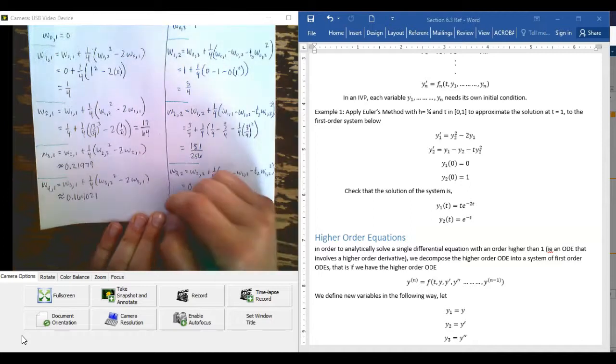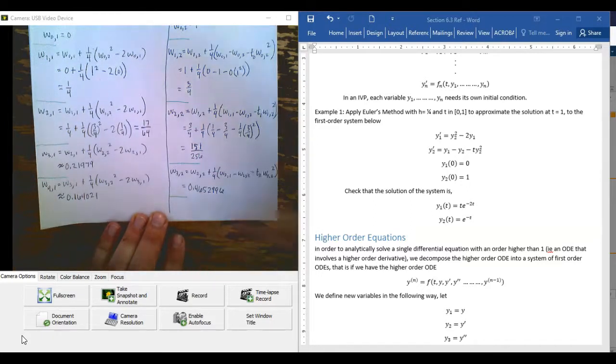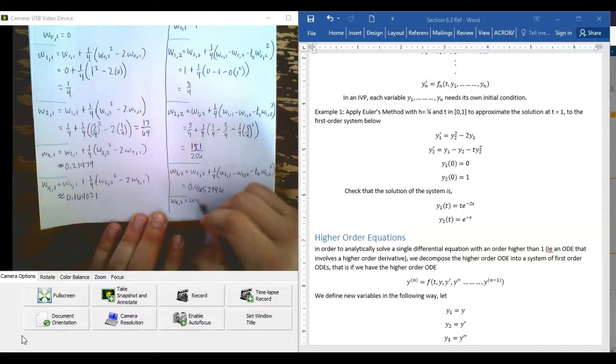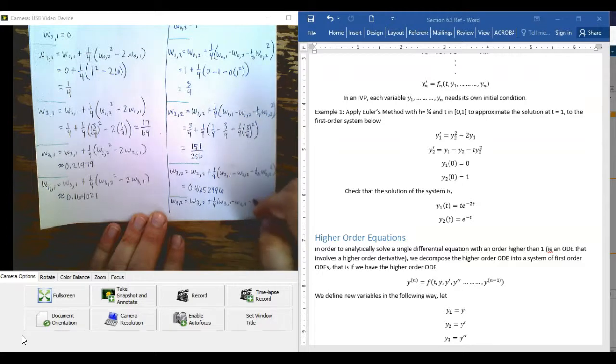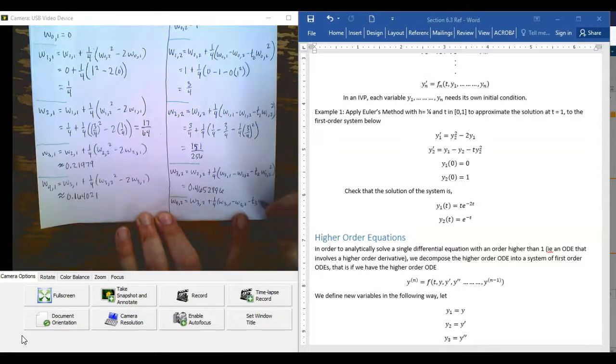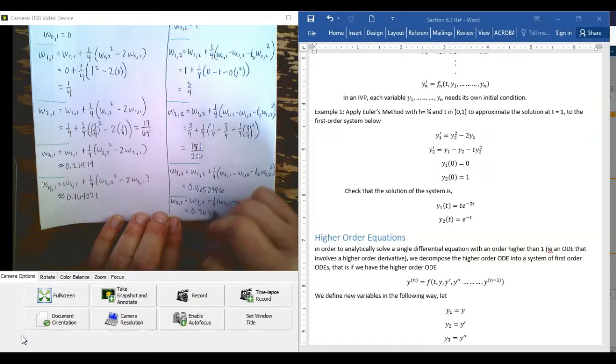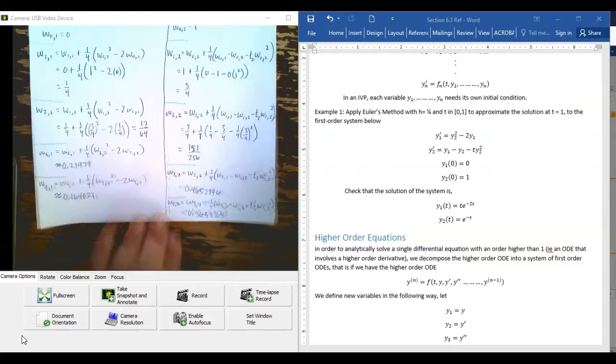And then lastly here, W42 would be W32 plus a fourth, W31 minus W32 minus T3 times W32 squared. Calculating that gives 0.363328 approximately.